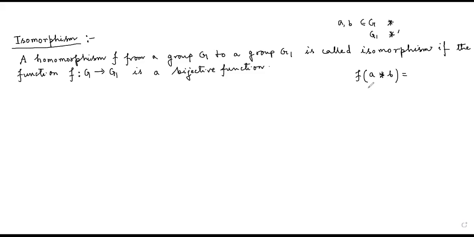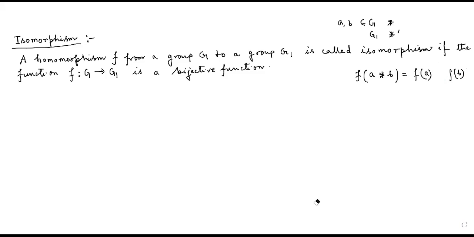Now, when we operate the function on this composition, we are supposed to get a composition where the image of A and image of B are composed together with respect to the operation star prime.